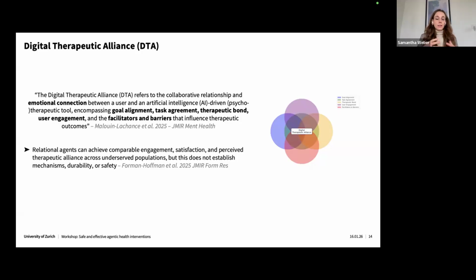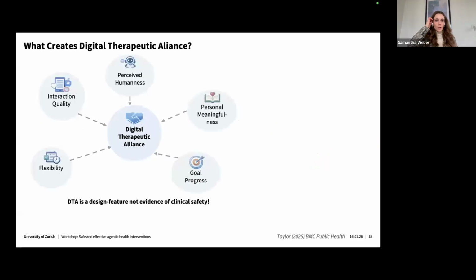But, and this is a very important point, perceived alliance does not necessarily imply safety. It is not equal to safety. While for human therapeutic alliance the core pillars include fostering trust, communicating efficiently, and incorporating cultural sensitivity, digital therapeutic alliance seems to work a bit differently.